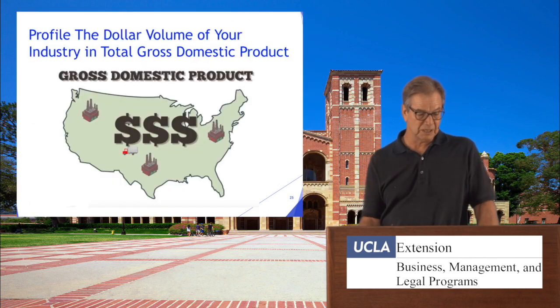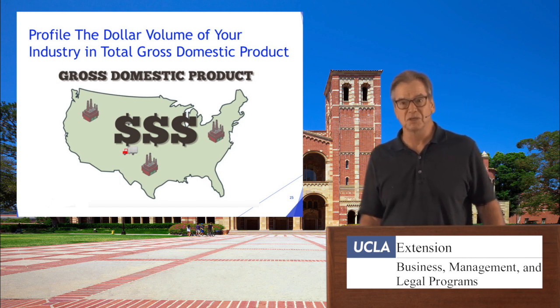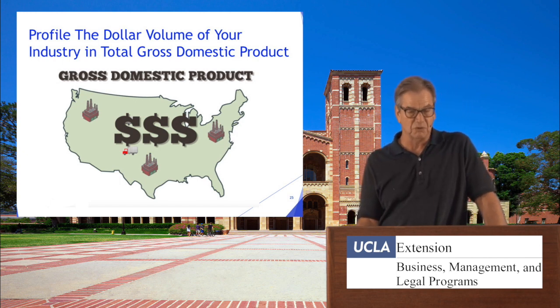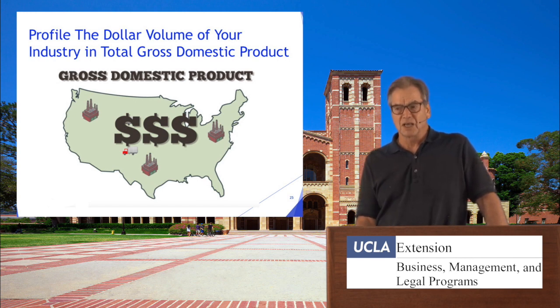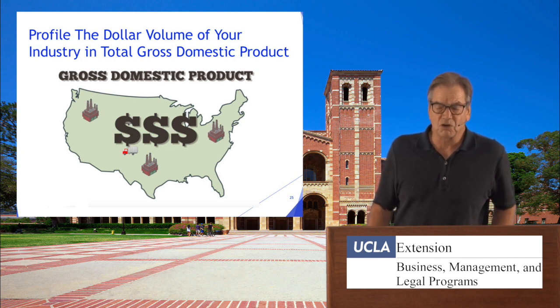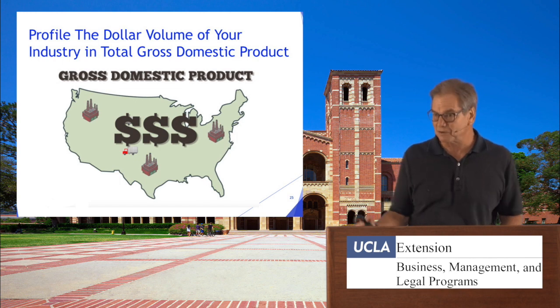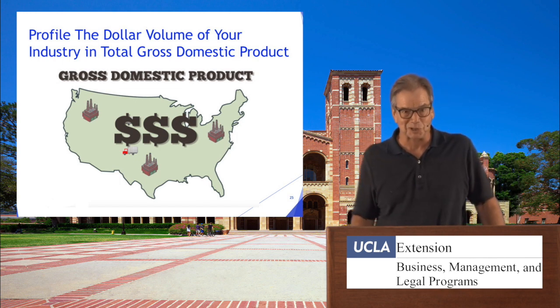So next, we need to pin down and come up with a profile of how many millions and billions of dollars go down in your industry. Sometimes when you present this in a business plan, it's good to juxtapose the dollar volume of your industry with, say, the medical industry or cell phone ringtones. Believe it or not, that is a multi-million-dollar industry.